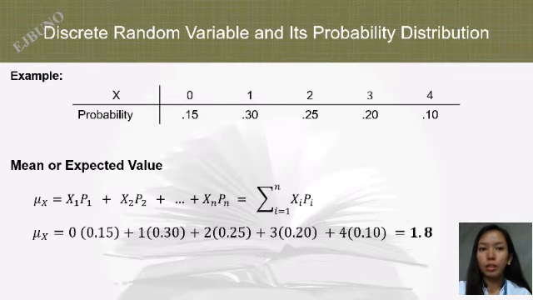So, using the values and probabilities, mu sub x is equal to the product of 0 and 0.15 plus the product of 1 and 0.30 plus the product of 2 and 0.25 plus the product of 3 and 0.20 plus the product of 4 and 0.10, which is equal to 1.8.